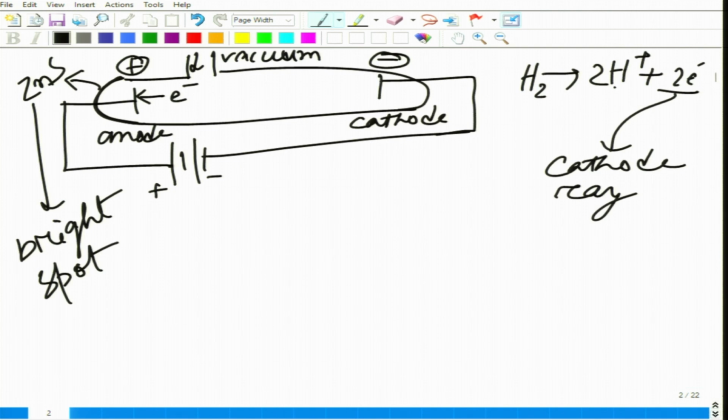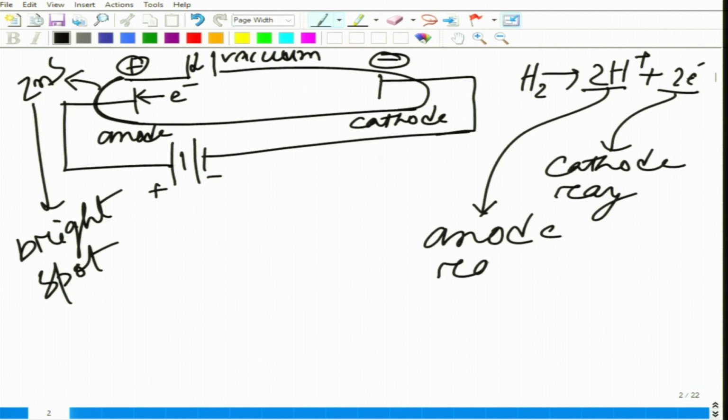Similar experiment was repeated for the discovery of protons, that was called anode ray. These positive ions were positively charged, so they moved towards the cathode. In this case, the wall behind the cathode was coated with zinc sulfide, and similarly bright spot was obtained here.